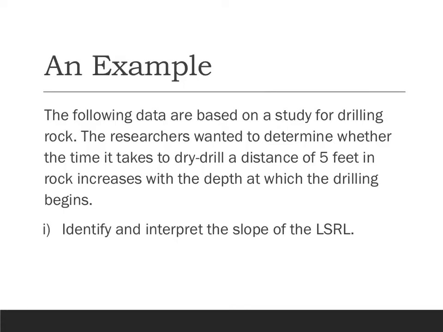All right, and then the last two things we want to do is to be able to identify and interpret basically the A and the B, the slope and the y-intercept for our least squared regression line. So what is the slope and how do we interpret it? Well, luckily, it looks just like any other equation that we would have seen. So hopefully we're able to use that information that we have from before this class, to know that y equals mx plus b.